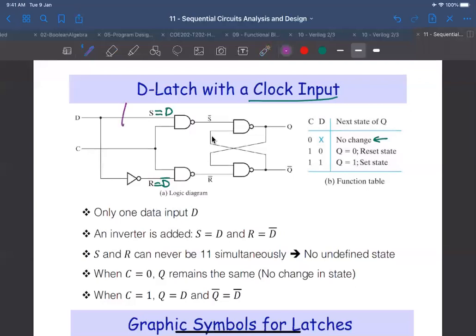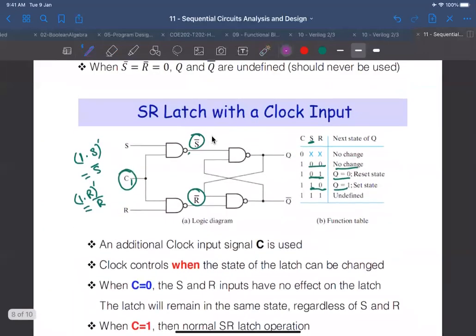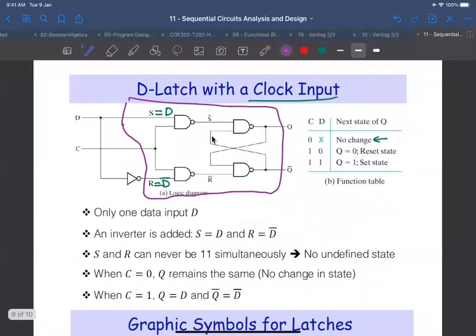This structure here is the SR latch with clock input. You see that? And then we controlled the S and R to get D and D complement instead. So we got rid of the undefined input combination.